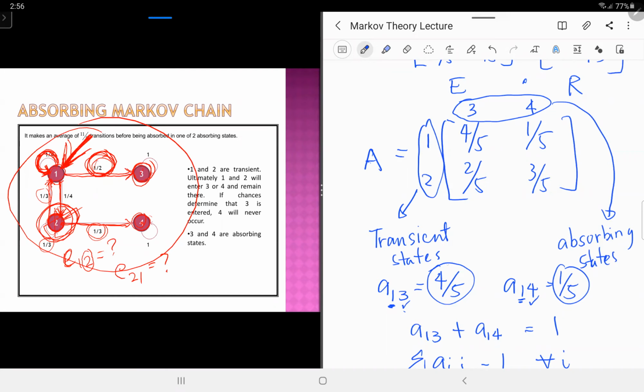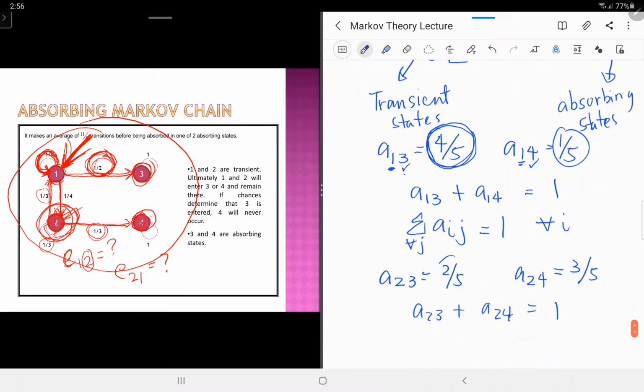That's why you will see here that if you're in transient state 1, there is an 80% probability that you will be absorbed in absorbing state 3. Only 20% that you will be absorbed in absorbing state 4. And similarly, if you're coming from transient state 2, it's 40% to be absorbed in absorbing state 3 versus 60% to be absorbed in absorbing state 4.